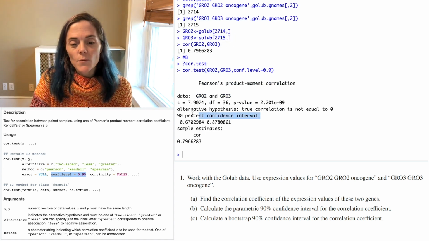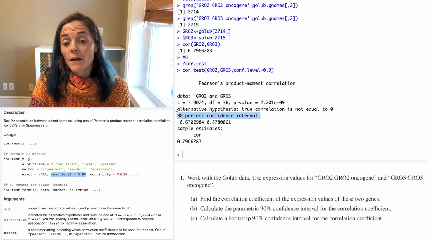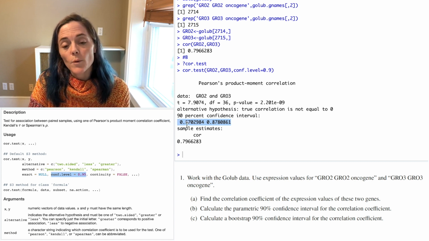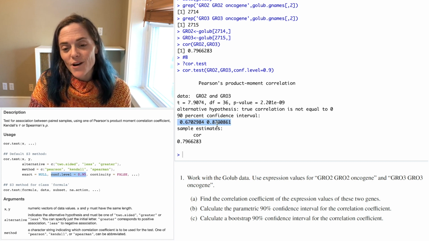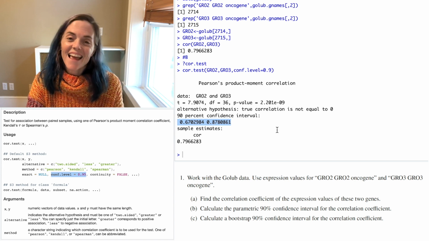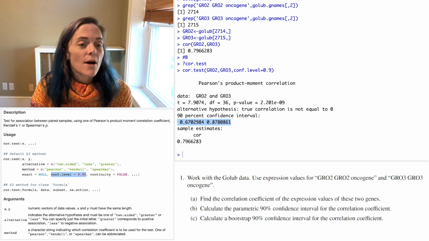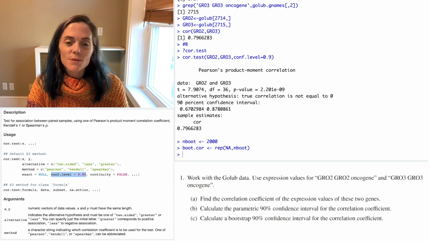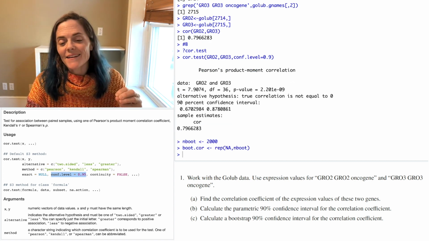Here you can see we have the 90% confidence interval, and so my answer is here. This is the parametric 90% confidence interval, 0.670 to 0.878.